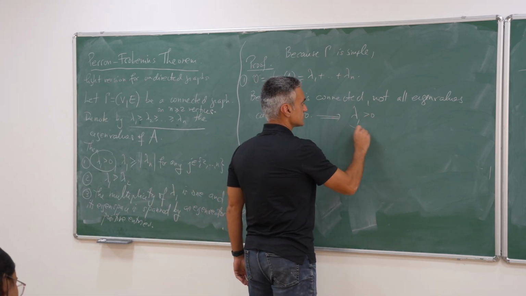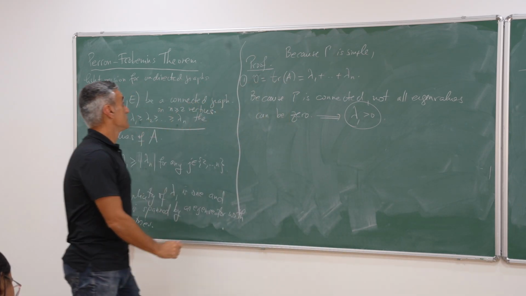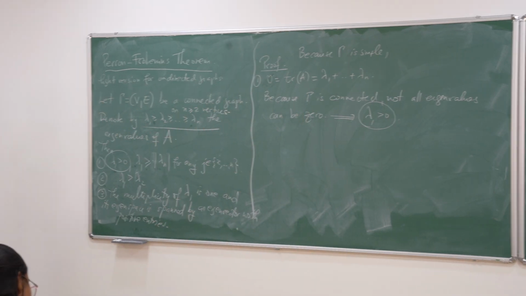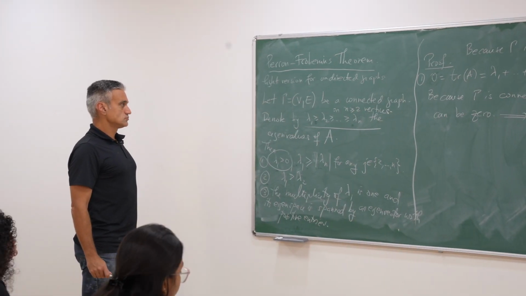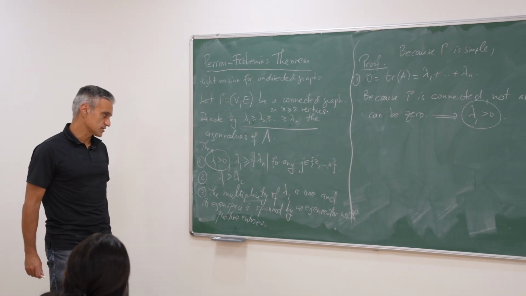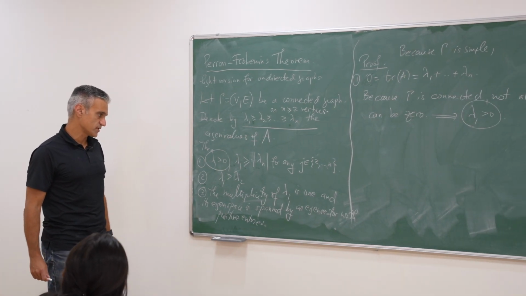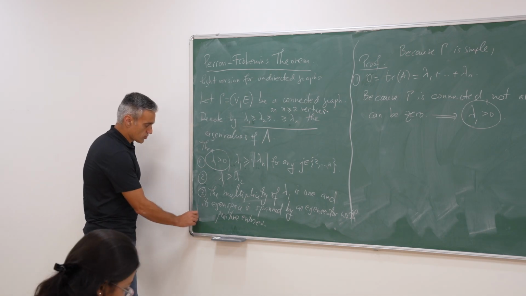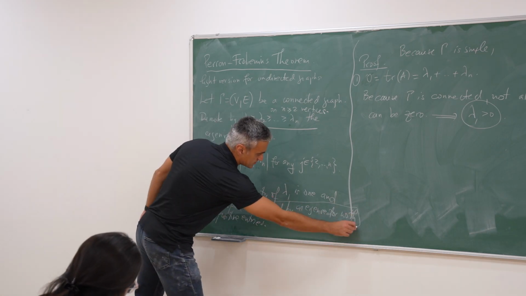Lambda 1 is going to be positive. Okay. You will see it will come up from something like this about the eigenspace being spanned by an eigenvector. So let's try first.